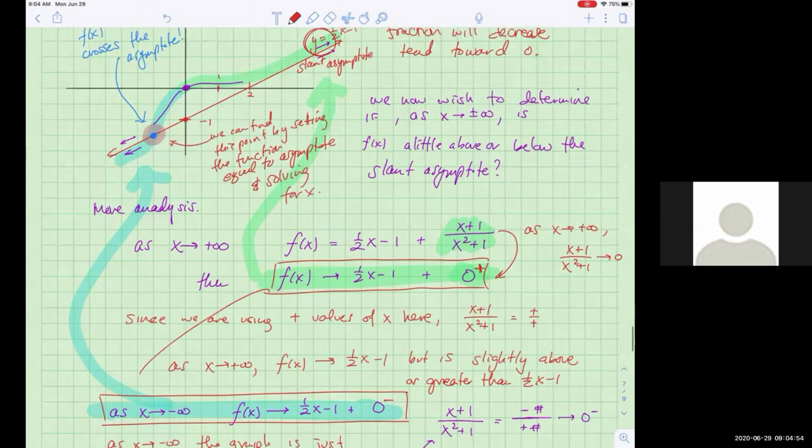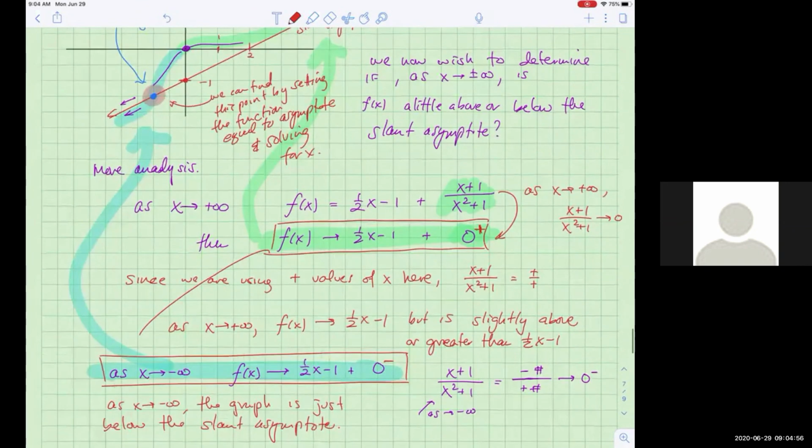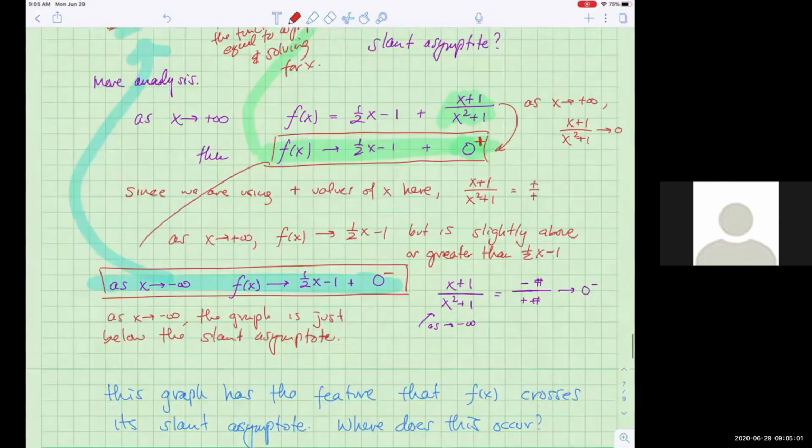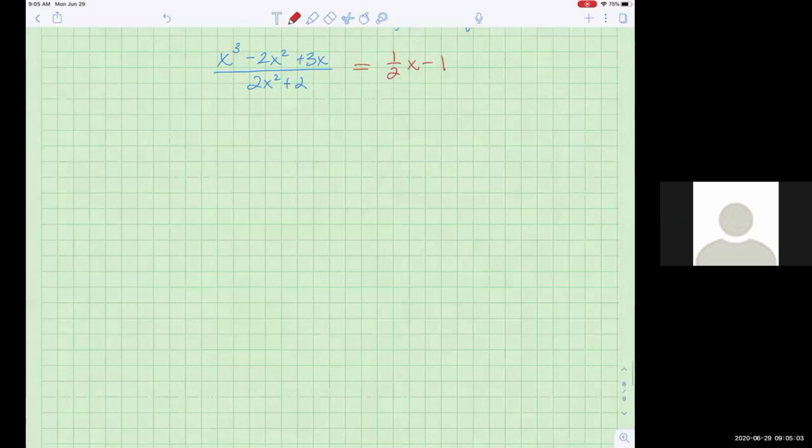And that's exactly what we're going to do below. Multiplying both sides by the denominator, we have x cubed minus 2x squared plus 3x is equal to 1/2 x minus 1 times 2x squared plus 2. Foiling out the right side, we're going to get an x cubed minus 2x squared plus x minus 2.